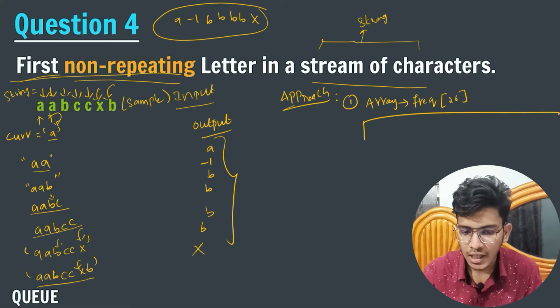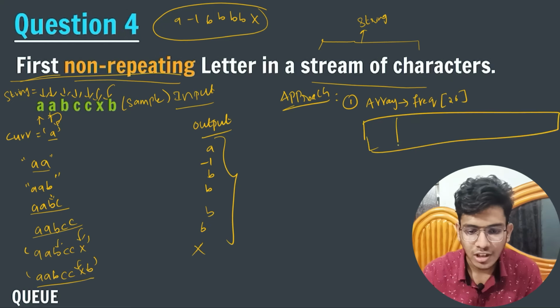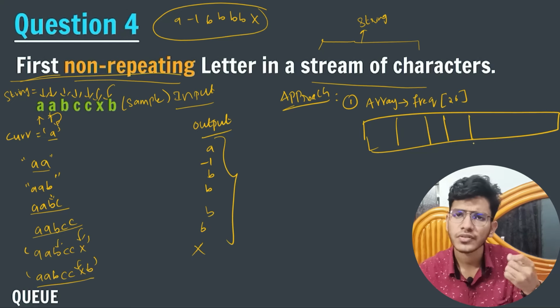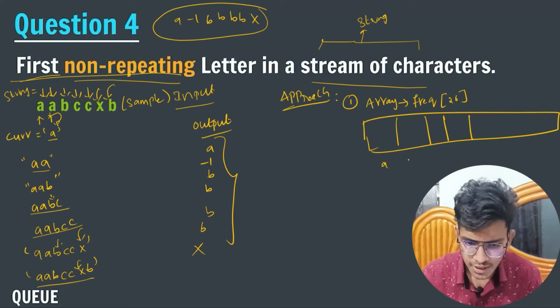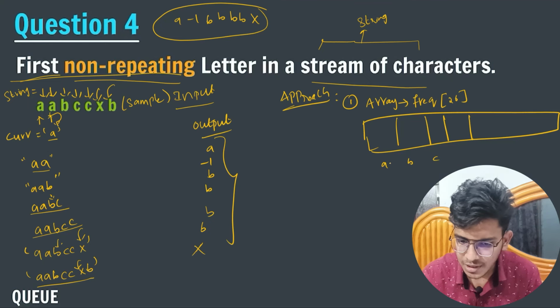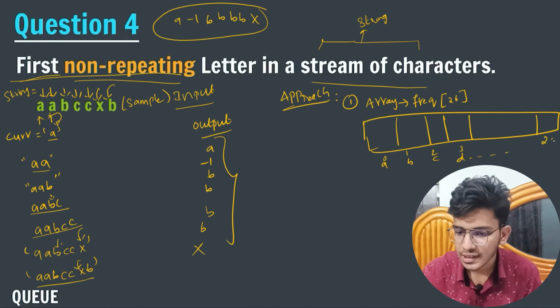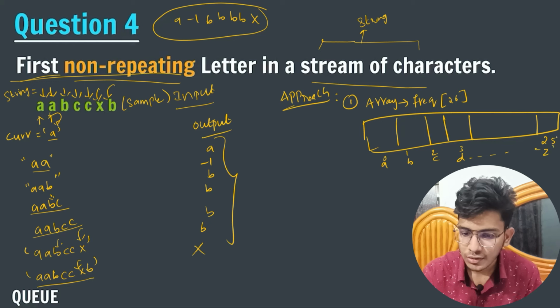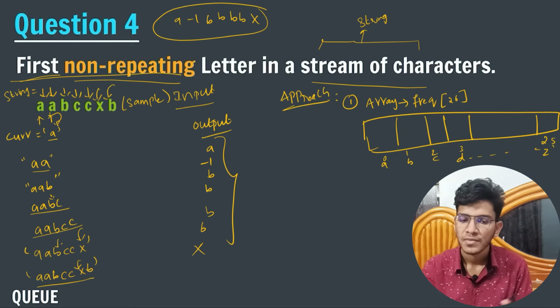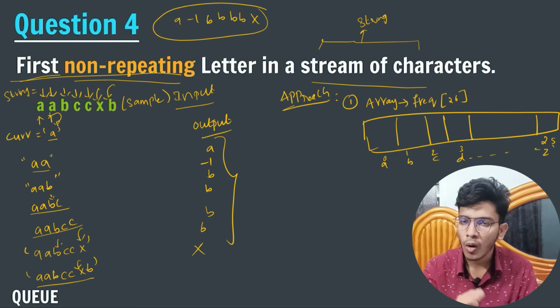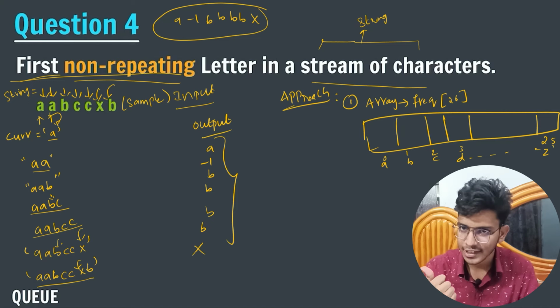I will store at each index the occurrence of each character. So let us say that this is A, B, C, something like that. At 0th index, first index, second, third, and up to 25, this will store Z. Initially, in the frequency array, all the elements are assigned 0.